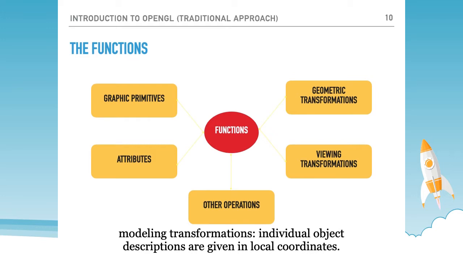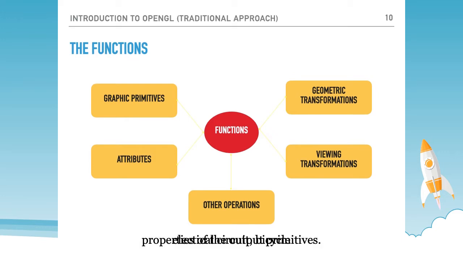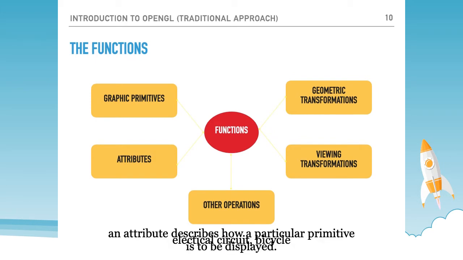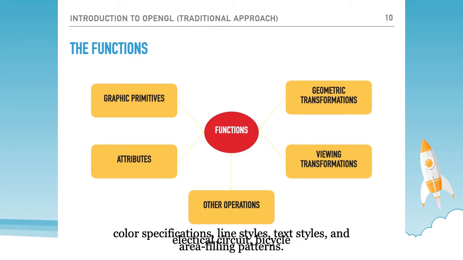Such packages usually provide a mechanism for describing complex objects, such as an electrical circuit or a bicycle, with a tree structure. Other packages simply provide the geometric transformation routines and leave the modeling details to the programmer.